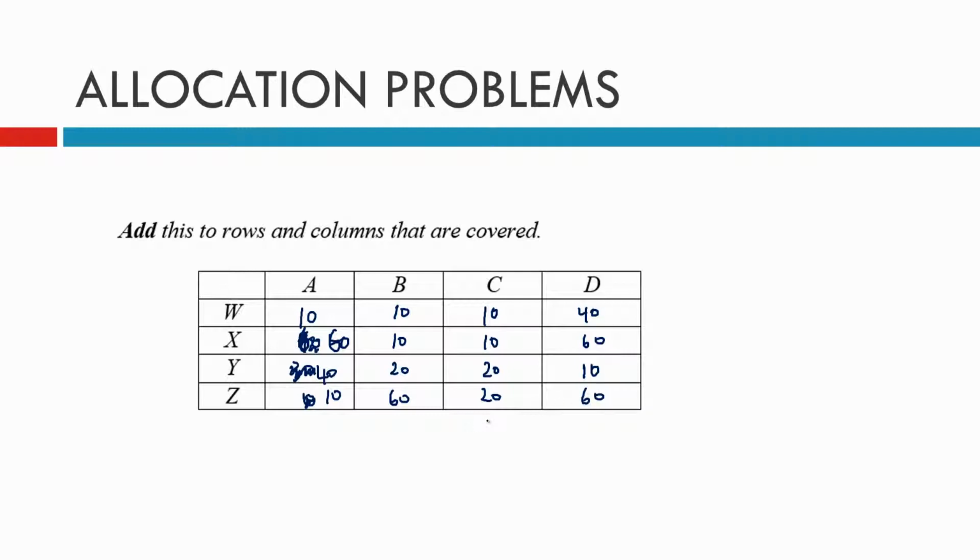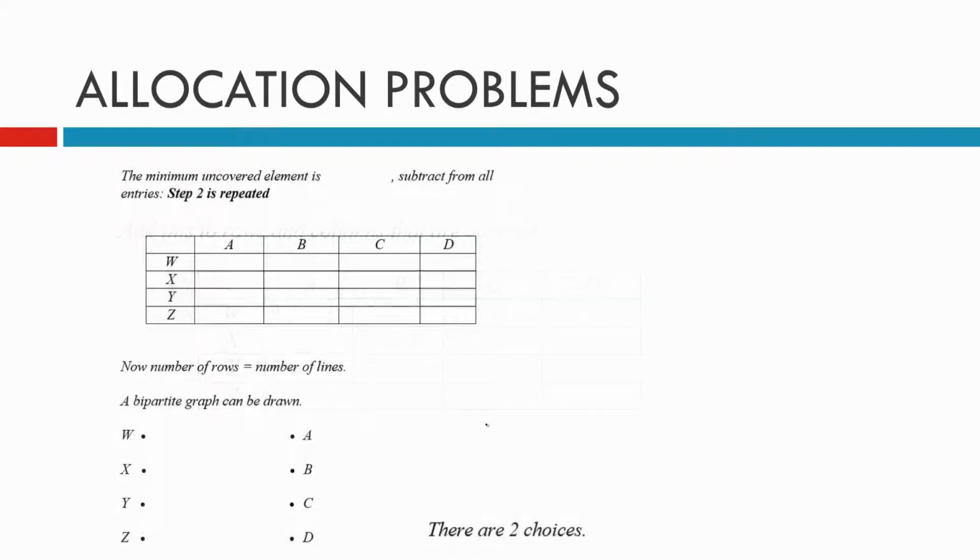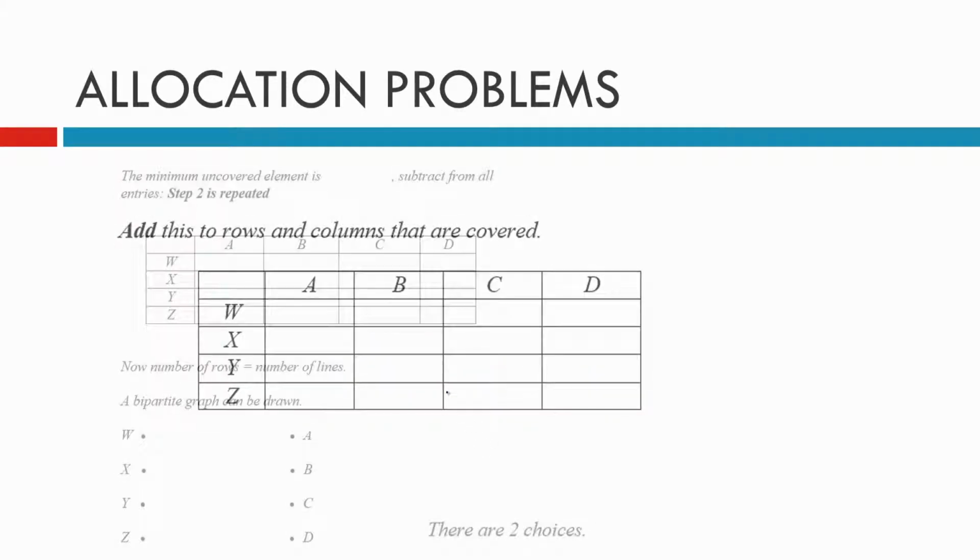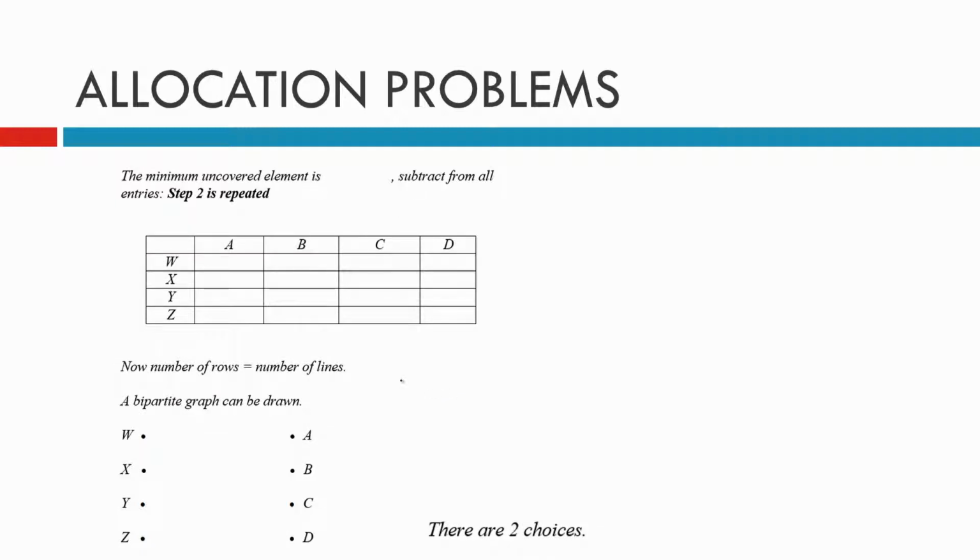And now the next part says we need to subtract this 10, because that's what we added, subtract 10 from all the entries, from every single entry. So we end up getting this one when we subtract 10. 0, 0. Oh, sorry, I thought you were going across, sir. That's okay. 0 and 30.